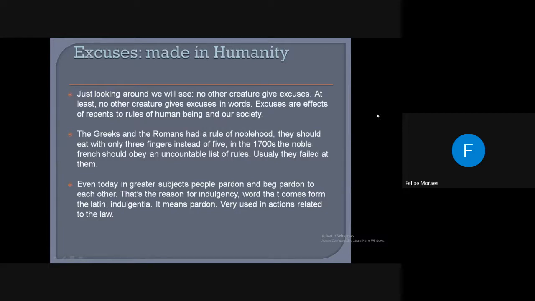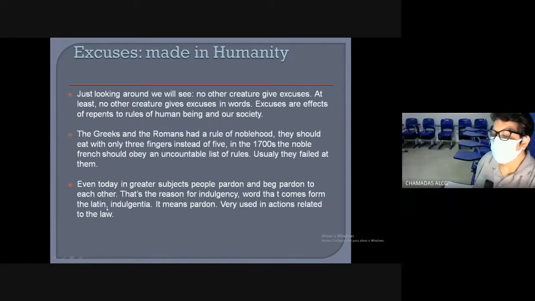Even today, in the greater subjects, people pardon and beg pardon to each other. That's the reason for indulgency. Indulgency is a word. It's an event, a juridical event. It's used in laws for giving pardon to some people that have committed some crime, and due to his good manners in prison, he receives the indulgencia, which is this word in Latin.